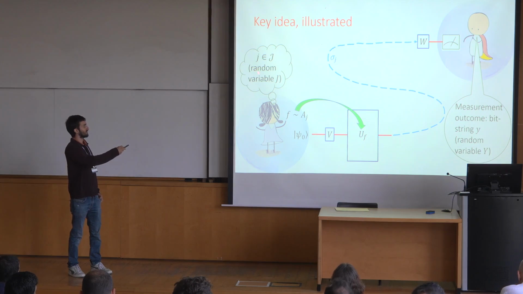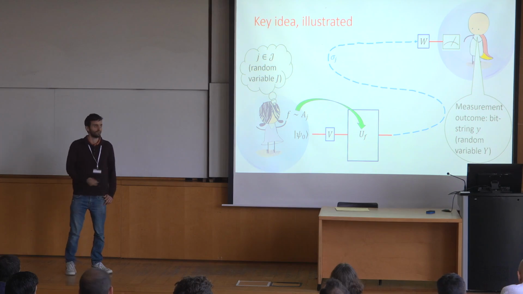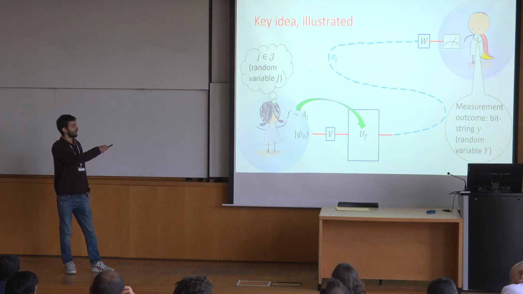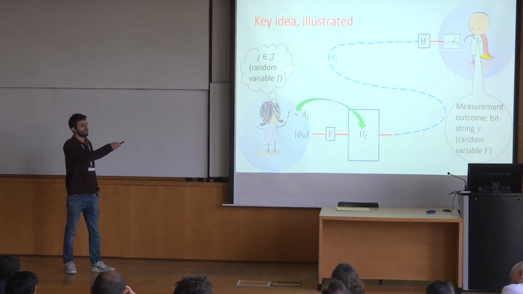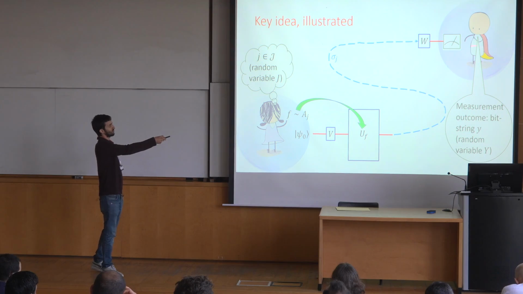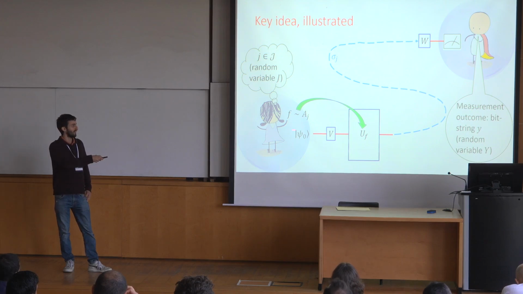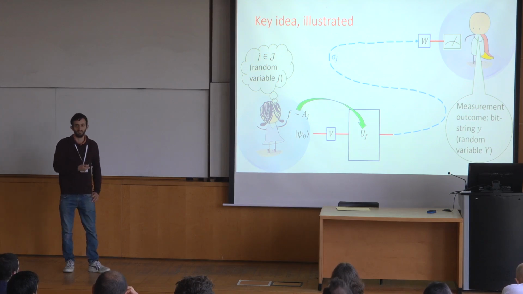So what they do is Alice chooses j based on some distribution, so it's a random variable. And for each j, she prepares some quantum state sigma_j, sends it over to Bob, and then Bob measures it, and he needs to deduce from his measurement outcome the letter that Alice actually meant to send.